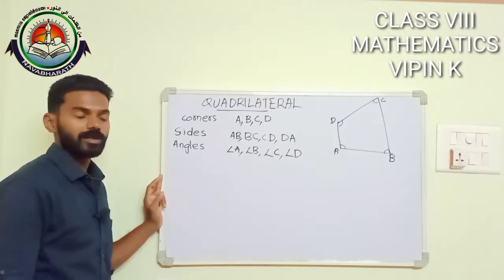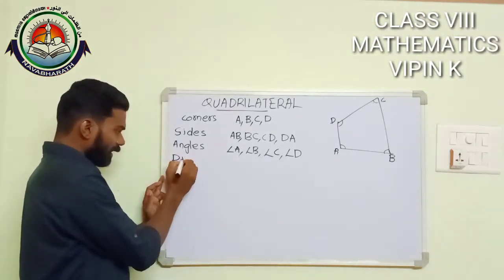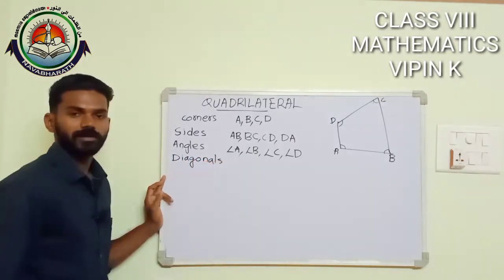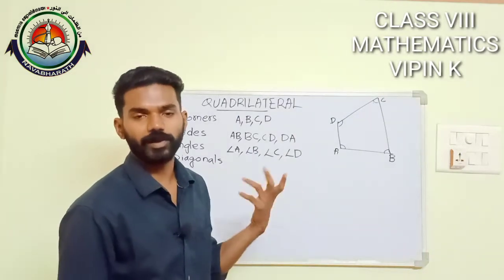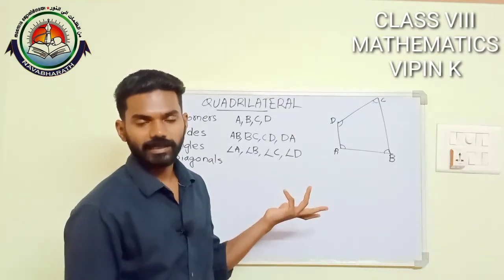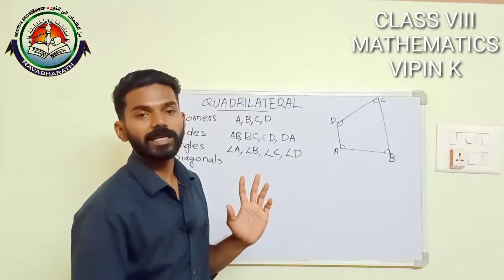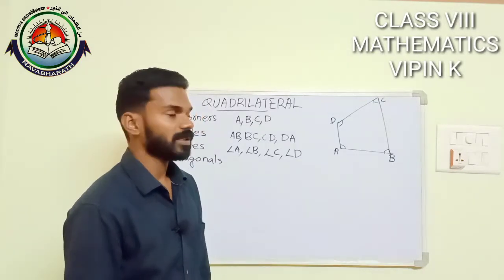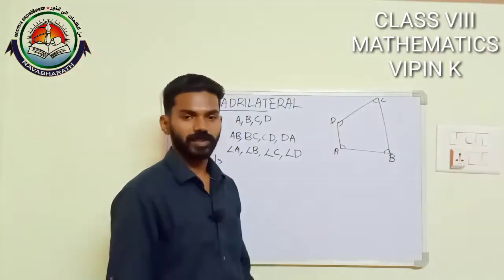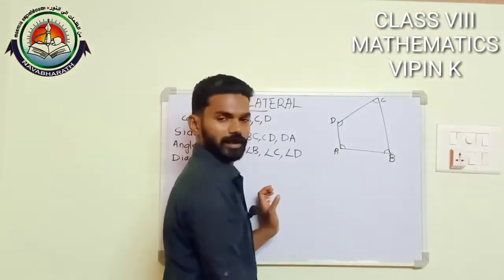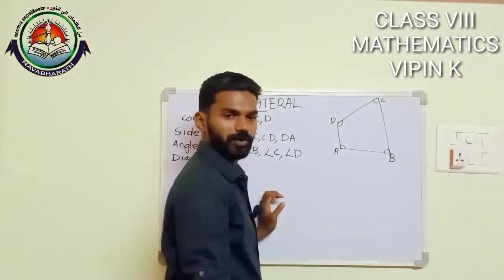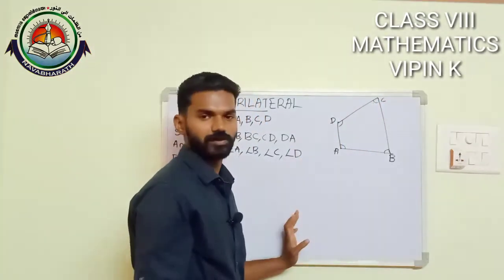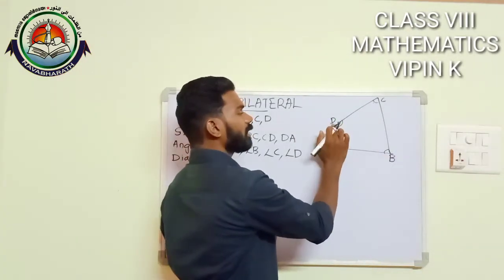Clear? Now I am going to consider another feature, which is diagonals. What is meant by diagonals of a polygon? Diagonals of a polygon are the lines connecting opposite corners. In the quadrilateral ABCD, corner A and corner C are one pair of opposite corners, and corner B and corner D are another pair.